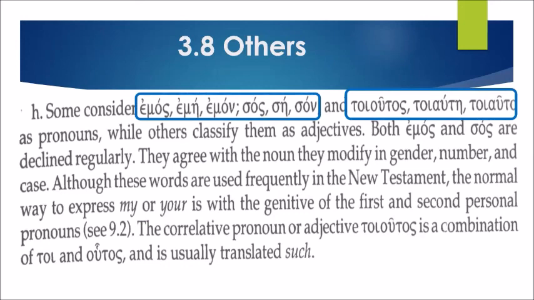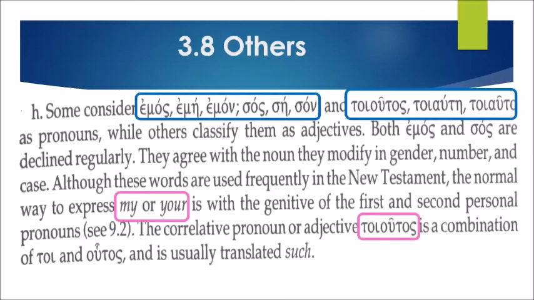Although these words are used frequently in the New Testament, the normal way to express my or your is the genitive of the first and second person pronouns. The correlative pronoun or adjective toioutos is a combination of toi and outos, and is usually translated as such. So that is on the other pronouns.